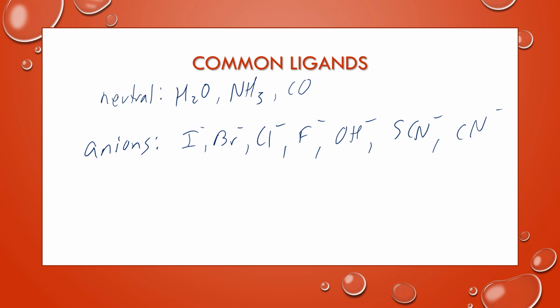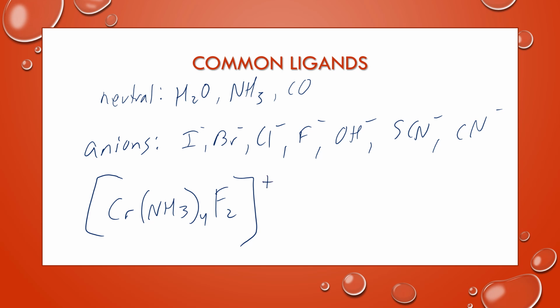So I do want to give you another example. Let's say I have chromium with 4 ammonias and 2 fluorides, and the overall charge on that is +1. Well, in this case, the ammonias are neutral and the fluorides are -1.